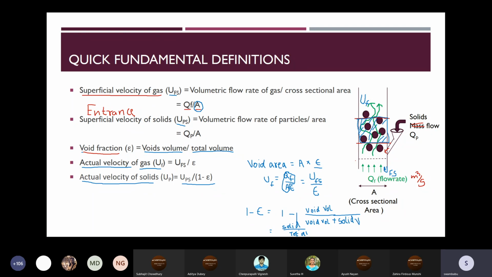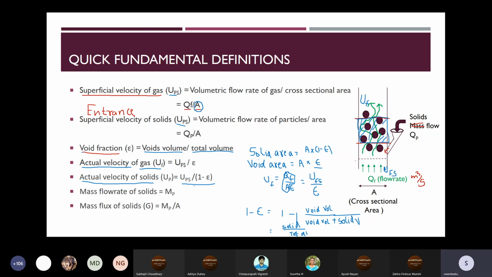Just like the void area is A into epsilon, the solid area will be A into 1 minus epsilon. Hence, the actual velocity of the solids will be the superficial velocity of the solids over 1 minus epsilon.